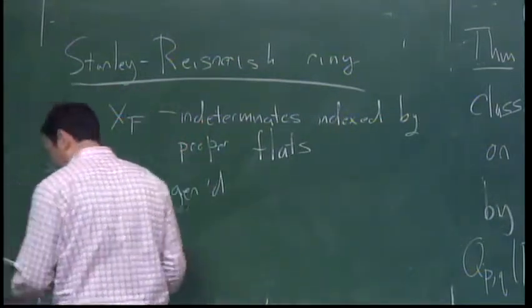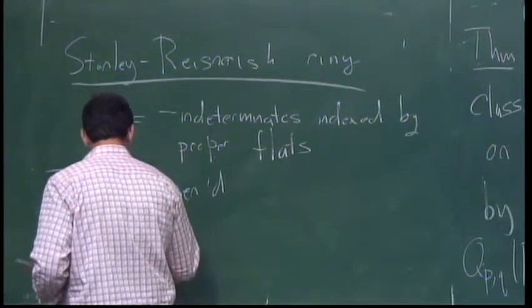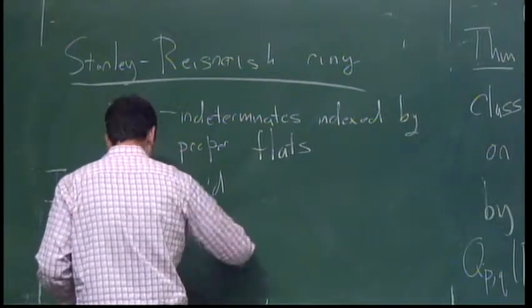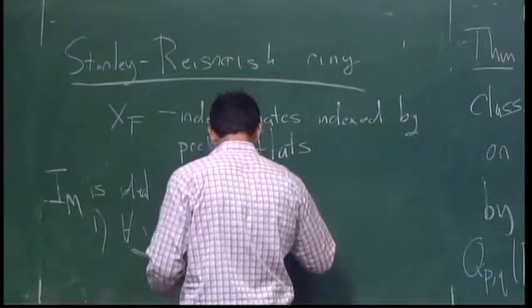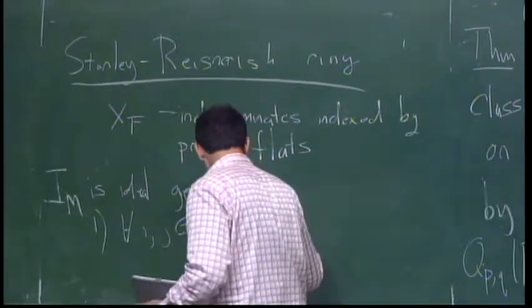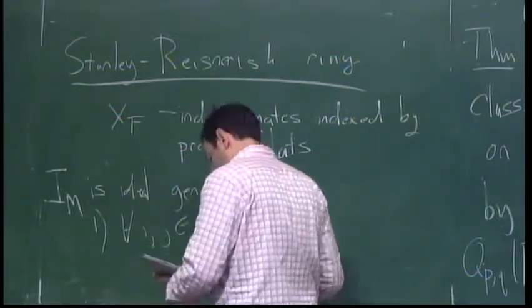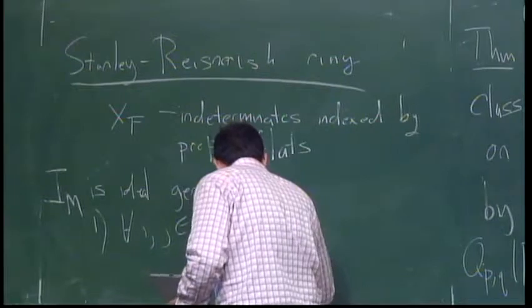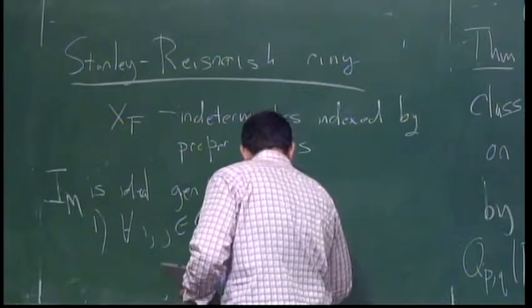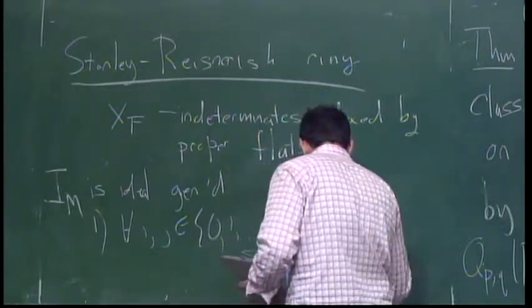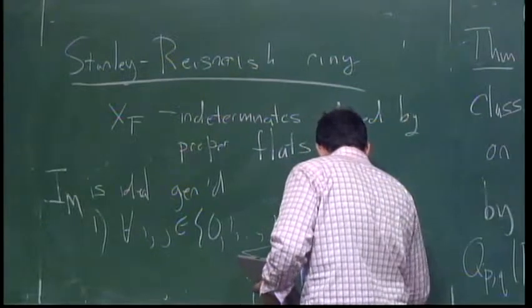So there are linear relations for any pair i and j among the ground set of the matroid. We have the following relation. We look at all the flats containing i, and I subtract all the flats containing the ground element j.